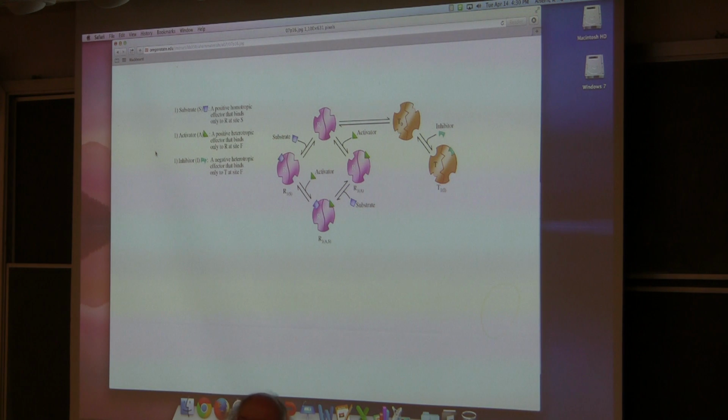We talked about how hemoglobin bound one oxygen, and that favored the binding of a second oxygen, and a third, and a fourth, right? And we call that phenomenon cooperativity. The binding of one favored the binding of others.